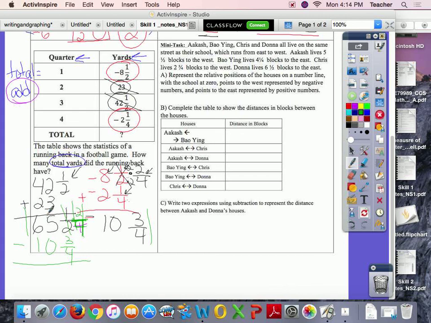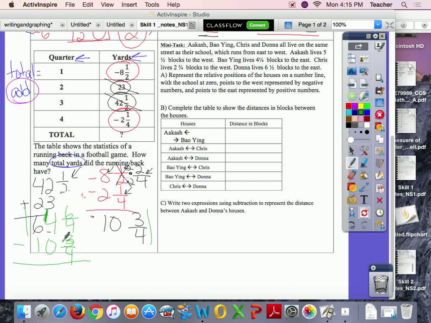So we're going to make this into 64 yards and take 4/4 and add it to our 2/4. So we have 4 plus 2 is 6. So let's erase this. And now we have 64 and 6/4.